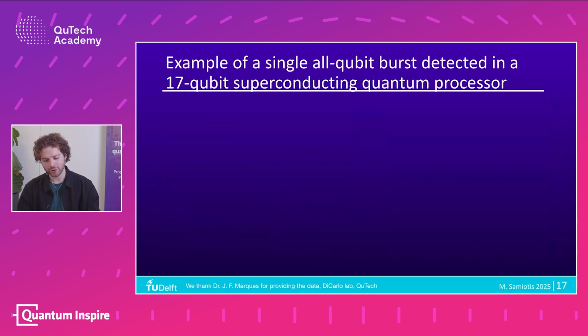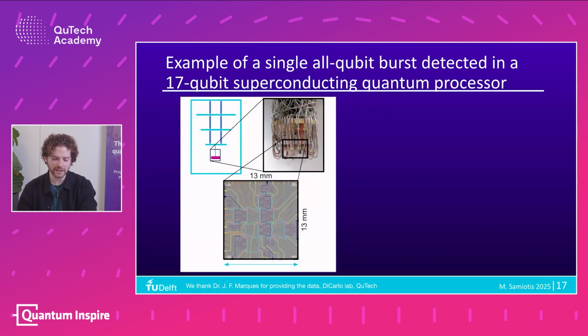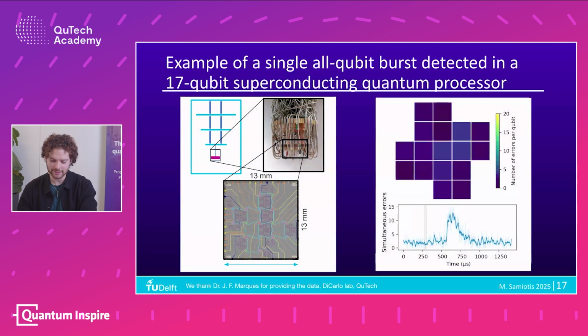Here I'm going to show you finally a movie from a similar experiment that was run at a different time on our 17-qubit superconducting quantum processor, which is a Surface 17. This data was given to us by an older member of our group. Here you can see the time where the event happens.